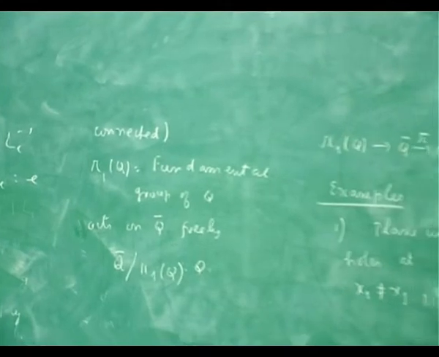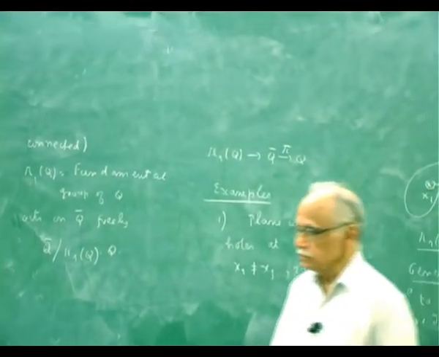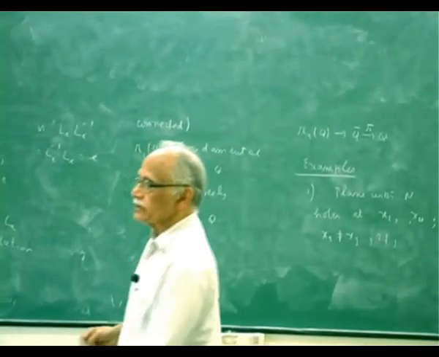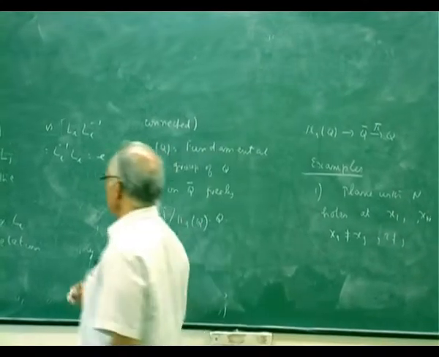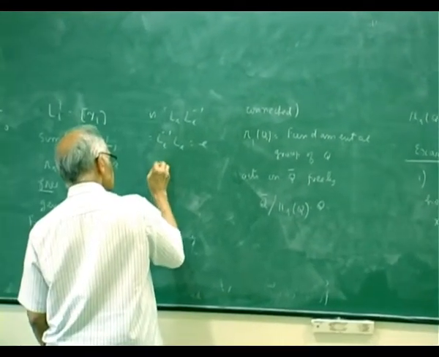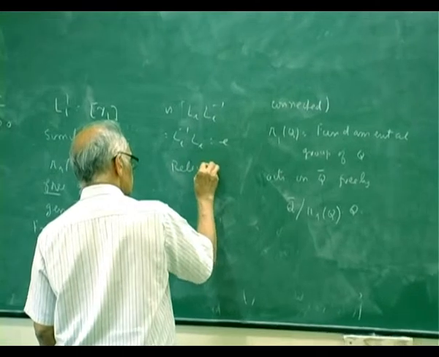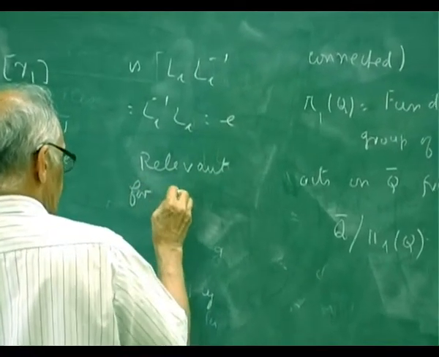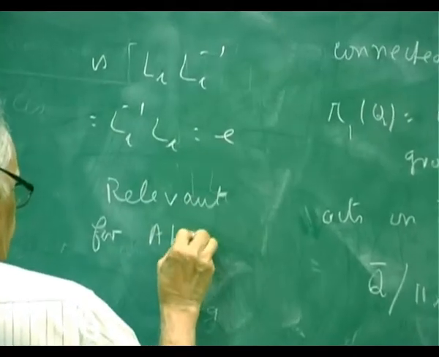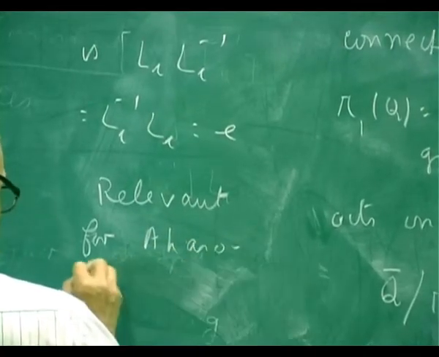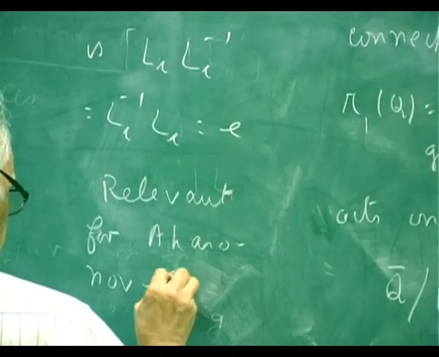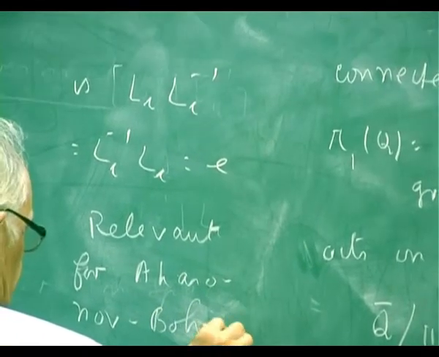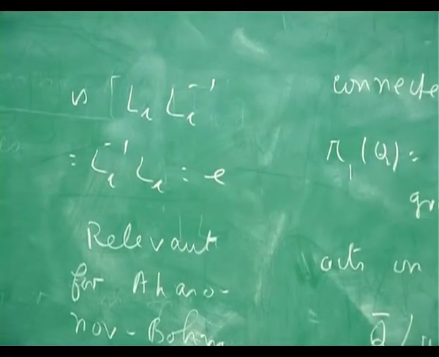This is the group for the plane with n holes. Clearly, this is relevant for the Aharonov-Bohm effect.